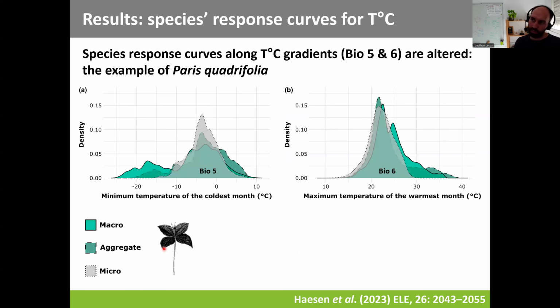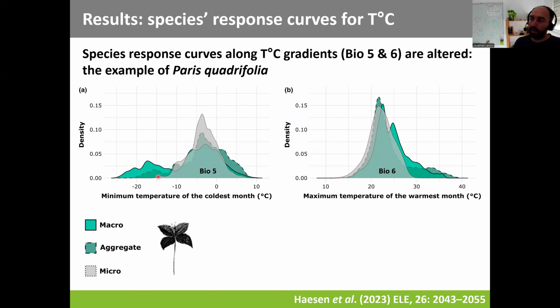And then when we look at the effect of these microclimatic conditions on the species response curve as predicted by our SDMs, we can also see that it affects the actual species response curve a lot. Here is an example for Paris quadrifolia again, with the two variables bio5 and bio6 that we use in our SDMs.